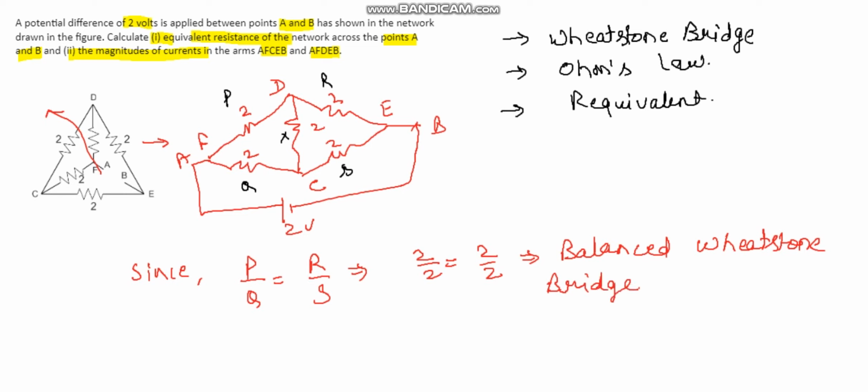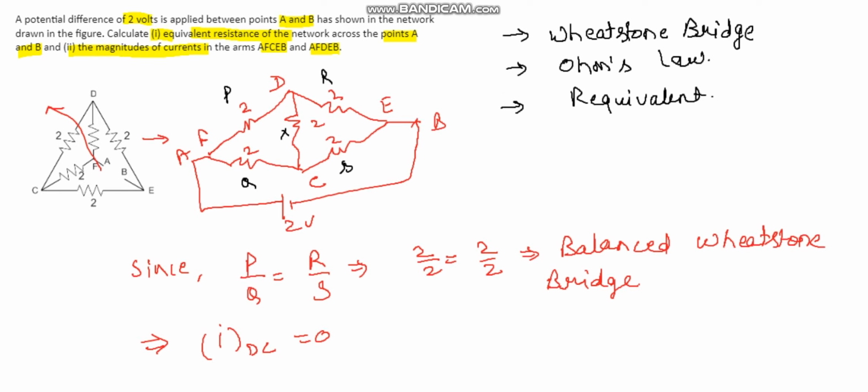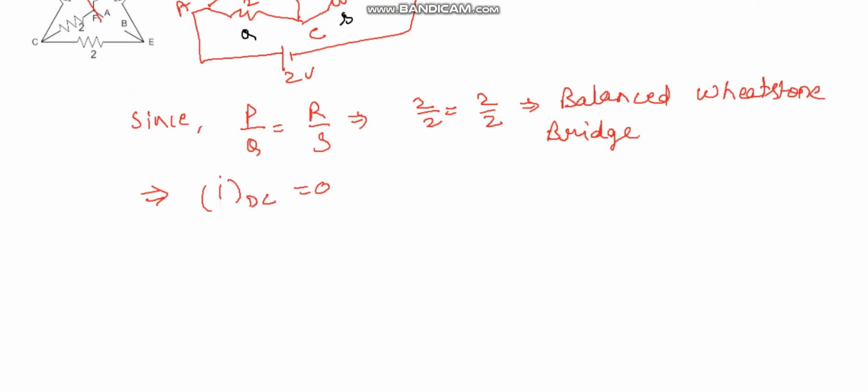And since it has been proved to be a balanced Wheatstone bridge, the current in the branch DC will be 0.